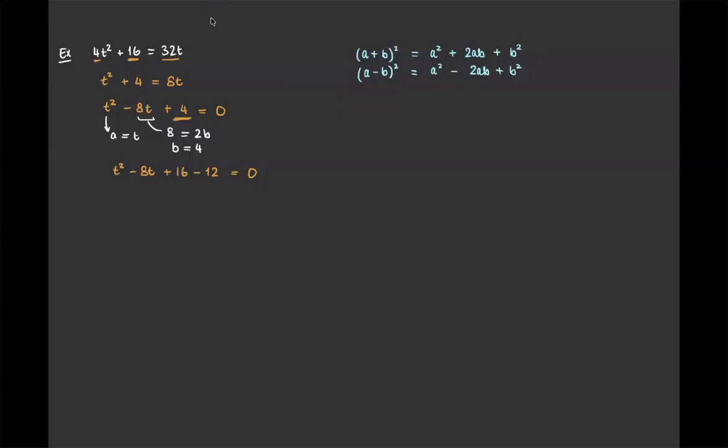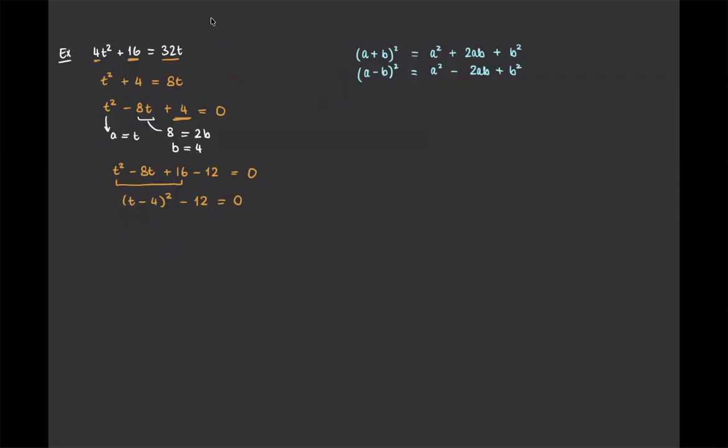And that should get me back to my original question. Again, the first 3 terms on the left-hand side of my equation is a perfect square. And so I can factorize it using the identity as a minus b all squared, or in other words, t minus 4 all squared minus 12 equals 0.